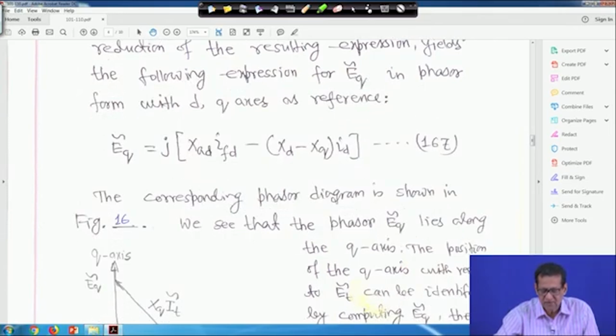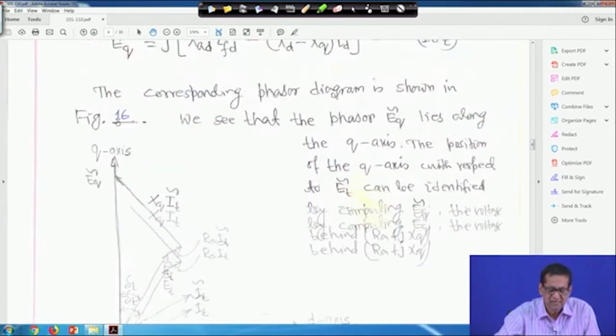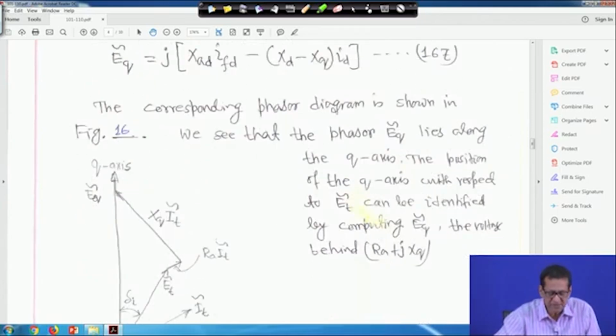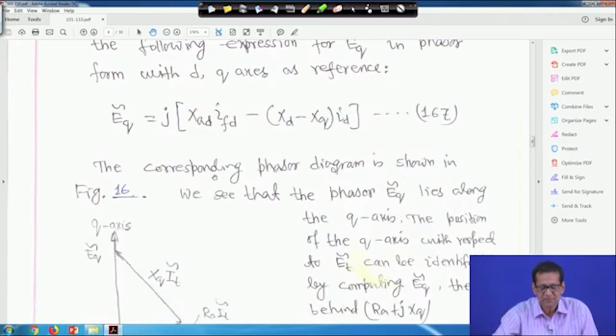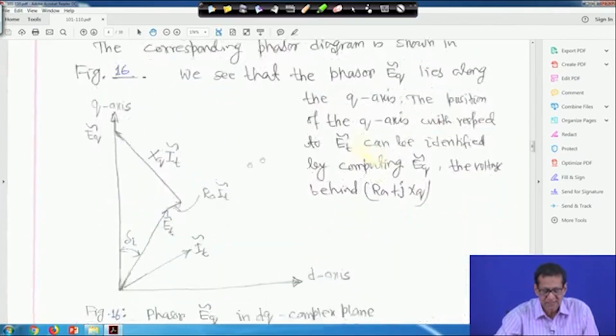Therefore, the corresponding phasor diagram is shown in figure 16. So, this is EQ tilde, because it will lie on the Q axis, since only J is involved and no real part. So, EQ tilde is equal to ET plus RAIT plus JXQ IT, right. This is the phasor diagram, and IT is lagging ET by an angle phi, not shown here.